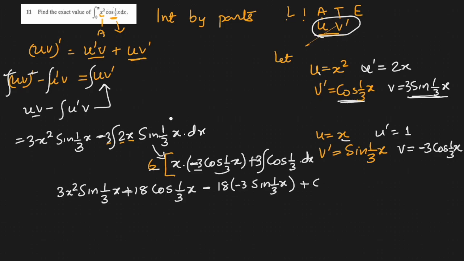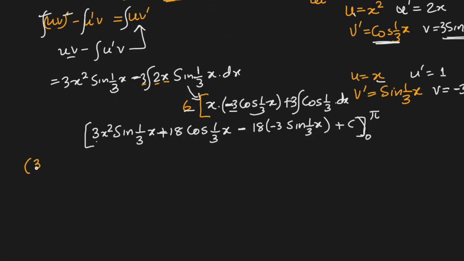It was a definite integral from 0 to pi. So we will put 0 to pi. I hope I have not made any mistake in this one. So 3 pi square sine 1 over 3 pi, okay, plus 18 cos 1 over 3 pi. 18, just 18?